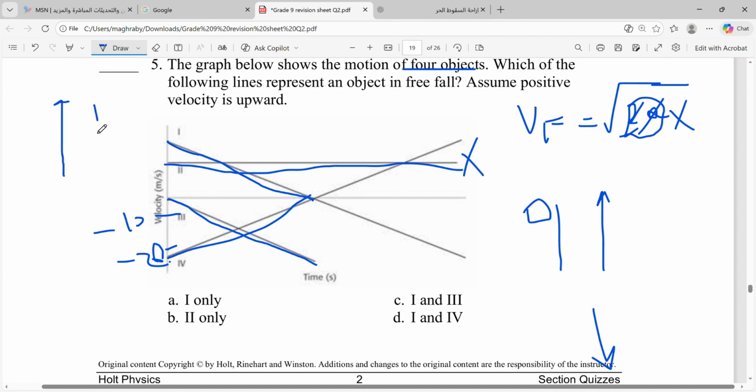No, during its positive velocity, it is decreasing its velocity. So this one is wrong, because in this part, during getting up, the velocity increases in the positive direction, and in free fall acceleration the velocity doesn't increase in the positive direction. It increases only in the negative direction. Okay, so 1 and 3, this one.